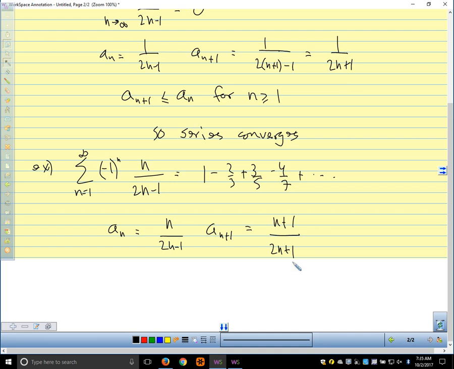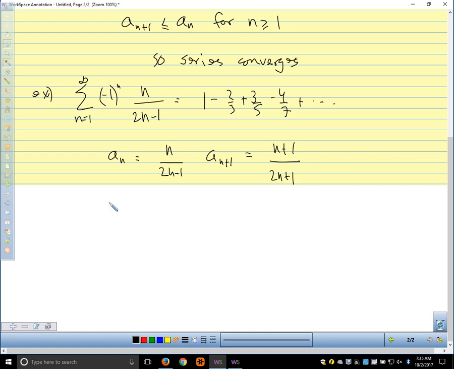Now I would say it's not immediately apparent that a sub n plus 1 is always less than a sub n. You can't just look at that and say, oh yeah, that's always less. It's not easy to see that just by inspection. So let's see how we would have to show that.